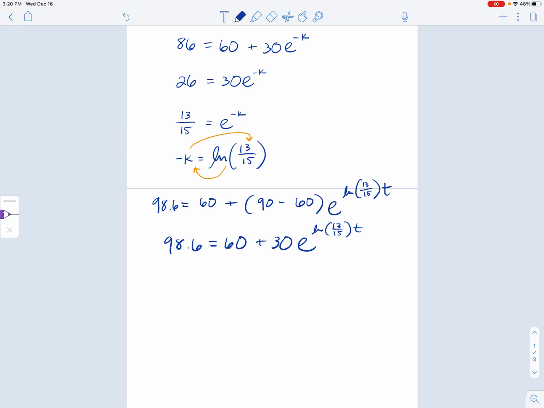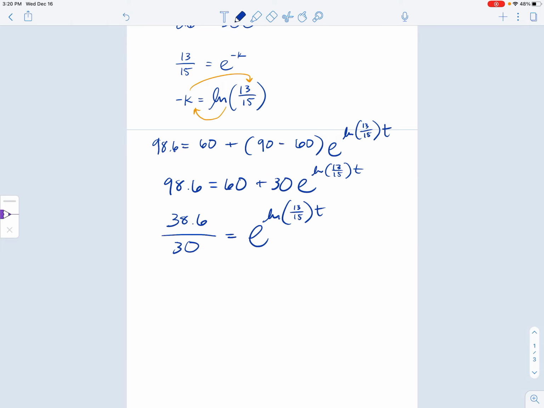Okay, so subtracting 60, that'd be 38.6. If we divide by 30, 38.6 over 30 equals e to the ln of 13/15 times t. Okay, so now we're ready. We have e by itself on one side of the equation.